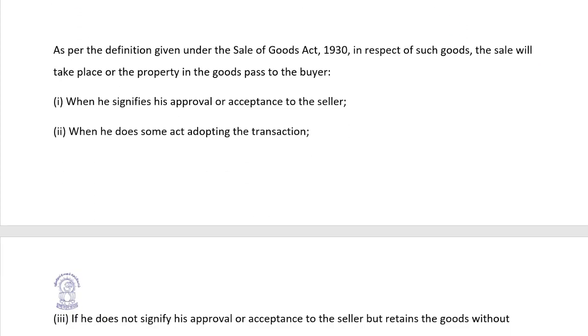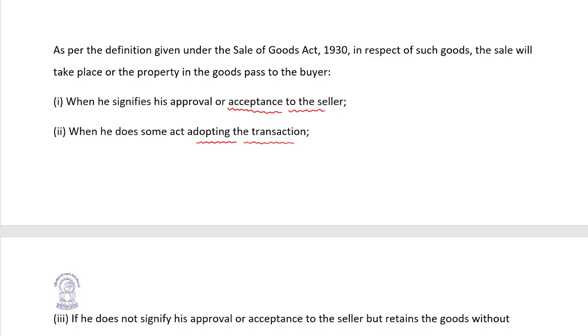As per the definition given under the Sales of Goods Act 1930, in respect of such goods, the sale will take place when the property in the goods passes to the buyer. First, when he signifies his approval or acceptance to the seller, that yes, I am accepting the goods, I want to buy these goods, or when he does some act adopting the transaction.